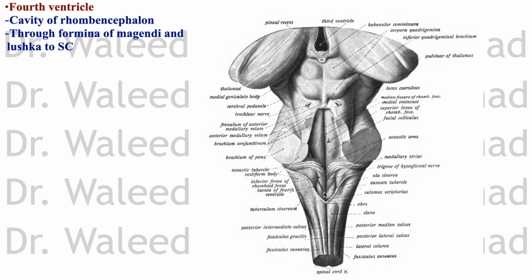It connects through the foramen of Magendie to the central canal of the spinal cord and through the lateral foramina of Luschka to the sides of the spinal cord. So now you have a rough idea about the circulation of the CSF.